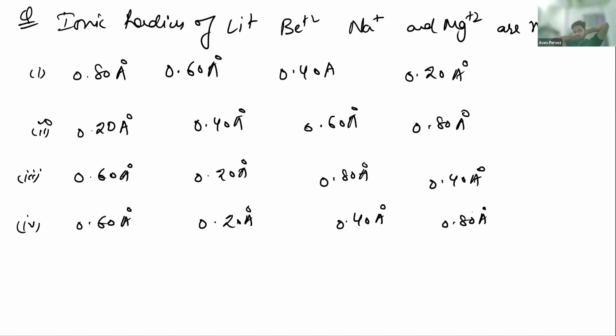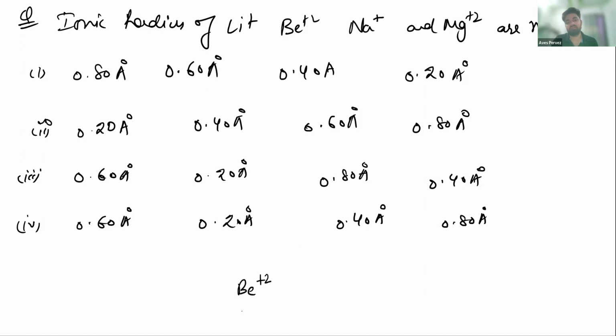So first arrange them. Respectively, they are going to have this. Be2+ is the smallest.